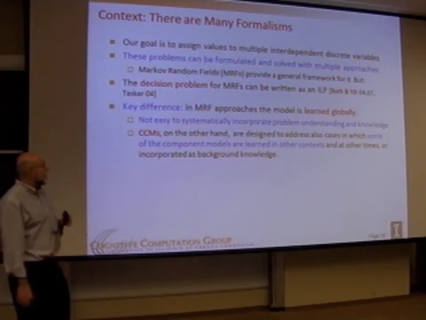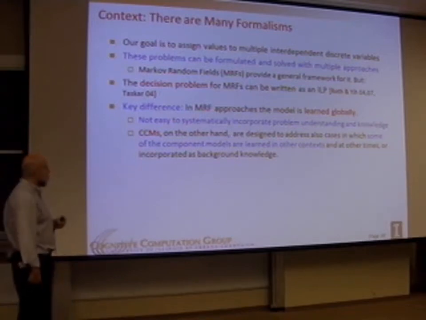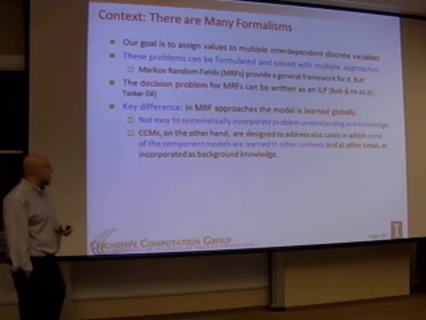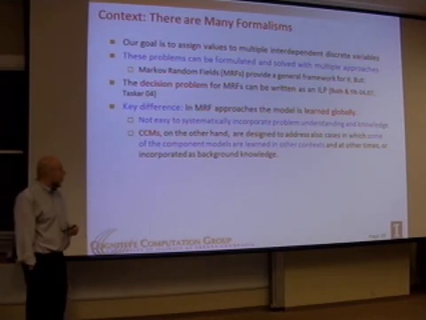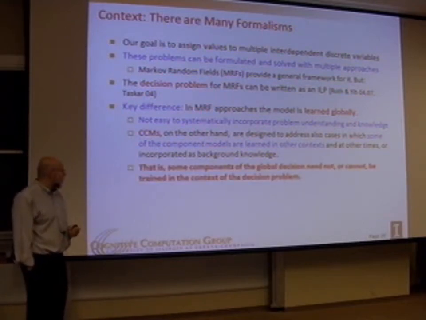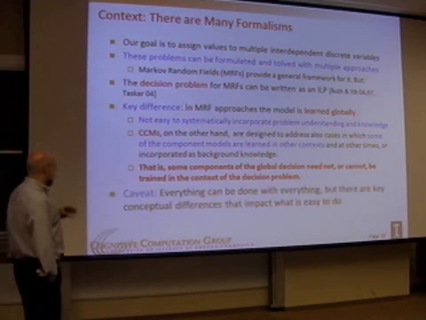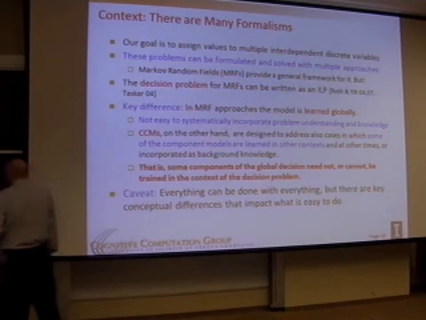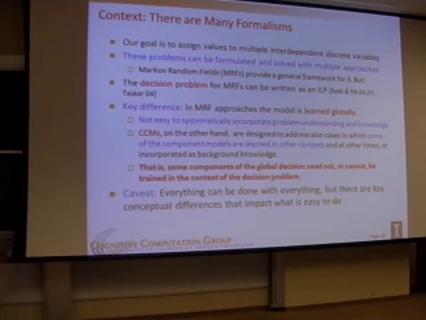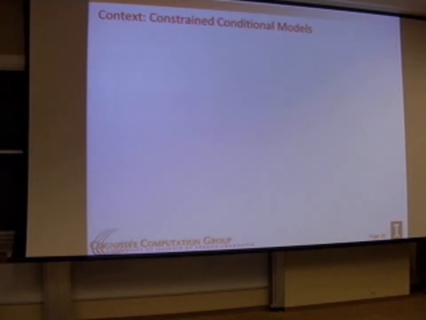But the philosophy is that we want to emphasize the ability to learn component models and then make decisions while incorporating background knowledge globally. So that's really the key emphasis. Of course, this has to come with the caveat that there are many formulations and everything can be done with everything. The question is what's easy to do in each one of the formulations, and this is what we think is easy to do with CCMs.